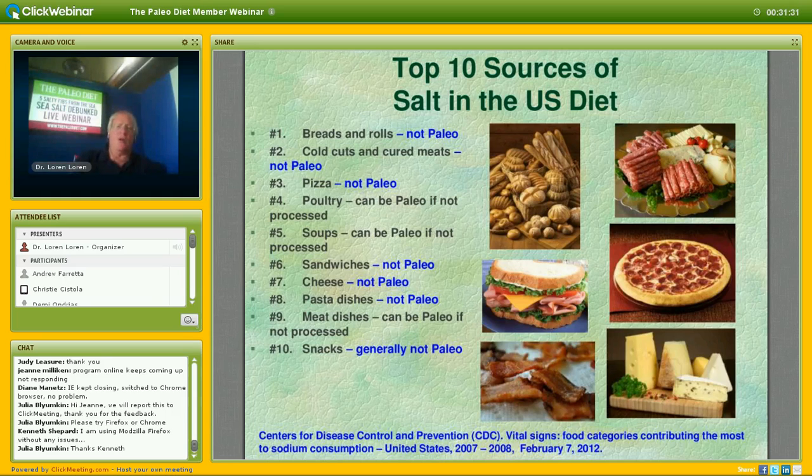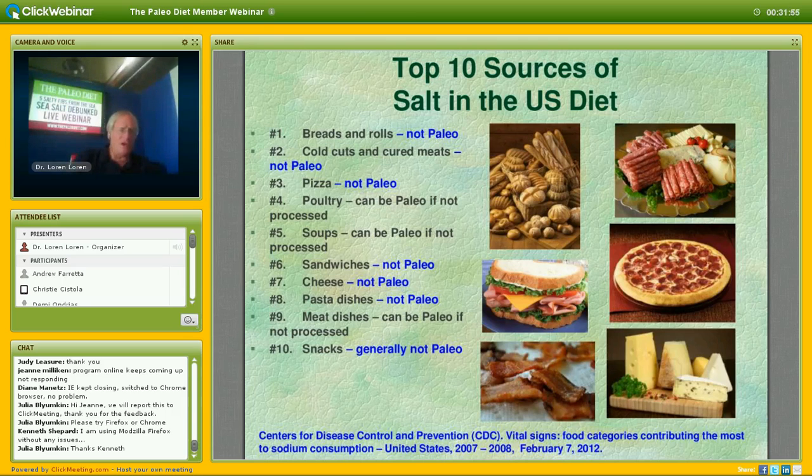Poultry, I don't have a problem with it, particularly if you eat fresh poultry. The only poultry, Colonel Sanders, is problematic because of the powder and the things that they put on it. But if you eat real free-ranging chicken and geese and other poultry, it's perfectly acceptable. Soups, you can easily make soups that don't have salt or sodium in them.